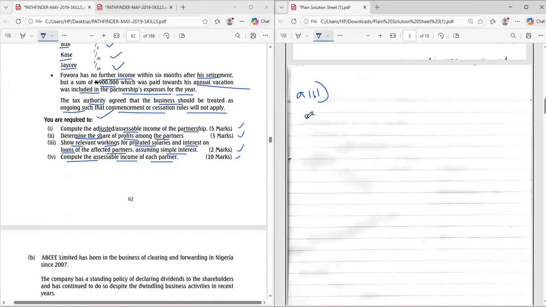We are doing salary, yearly salary for 1 year. Then we are doing interest on loan. So the first question you ask yourself is who is collecting salary?